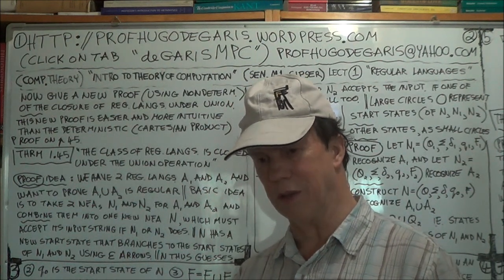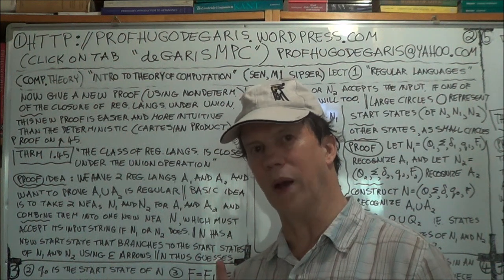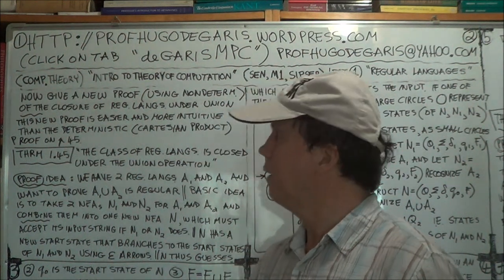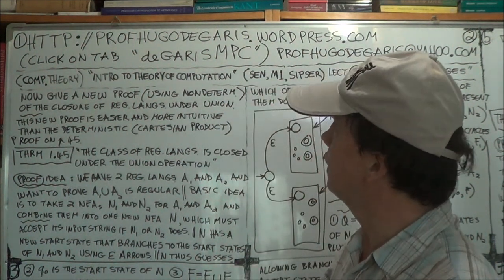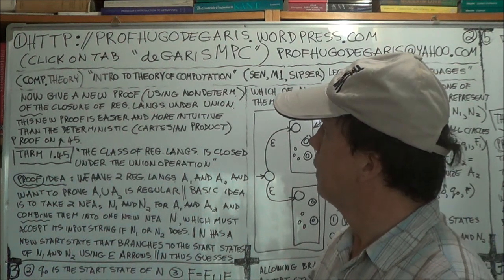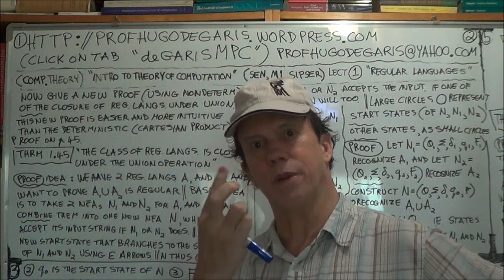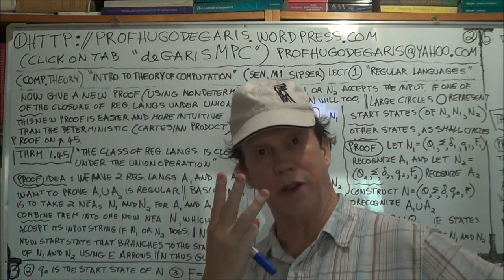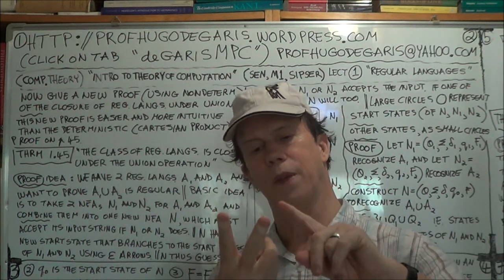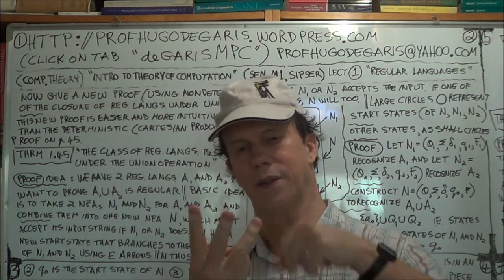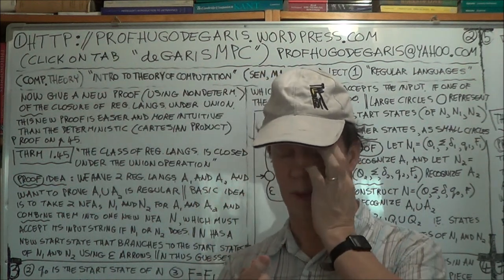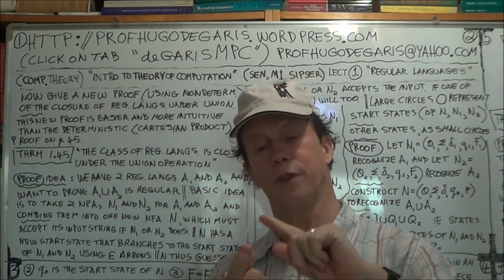So for the first 2 we need 2 NFAs, and for the 3rd one we need 1 NFA. There are 3 regular operations, right? Union, concatenation, and star. So we'll start now on the proof of the first one, union.